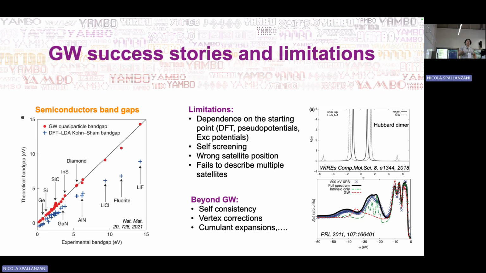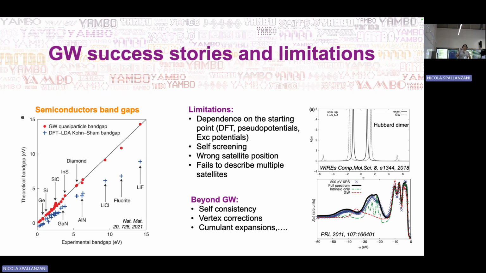Of course, the GW approximation is an approximation, and it is very efficient. And of course, the most well-known success story is the correction of the band gaps for semiconductors.